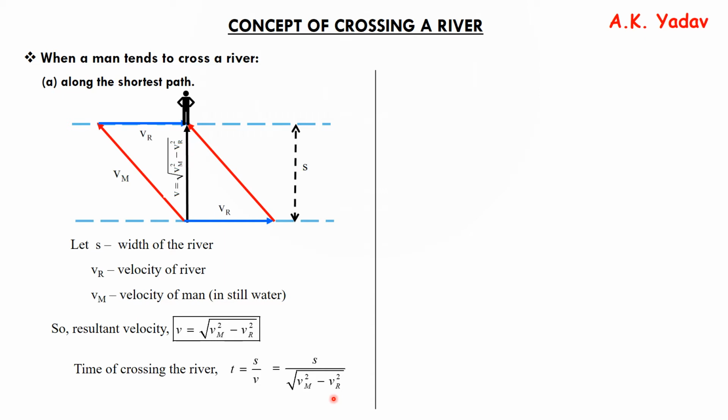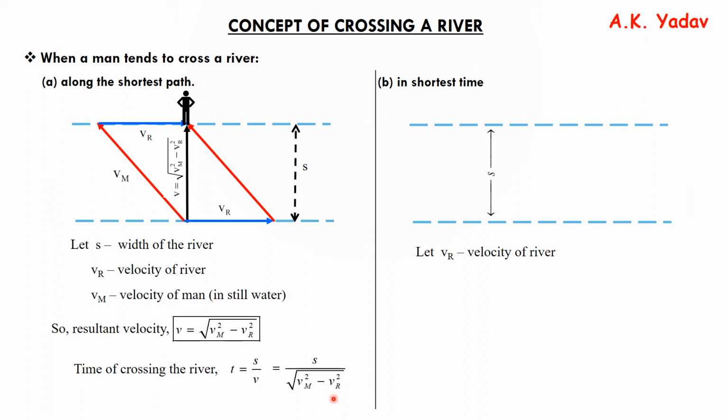Let us move to the second case, that is when a man tends to cross a river in shortest time. So this is the river having width s. Vr is the velocity of river at the two ends, and this is the man at point A having a velocity Vm in still water.